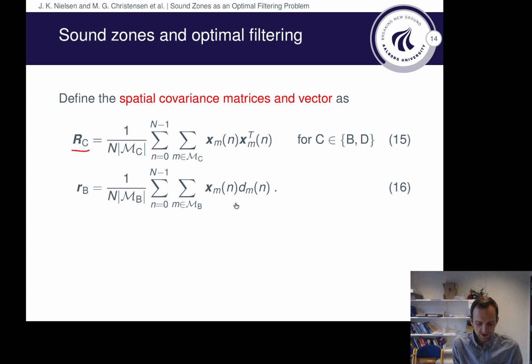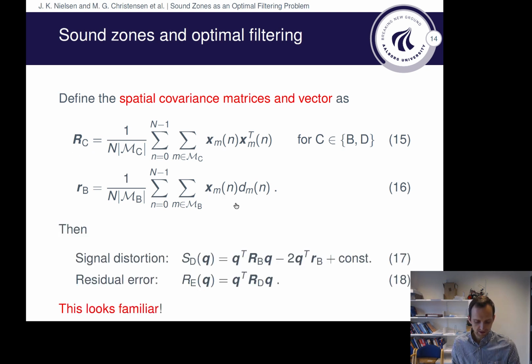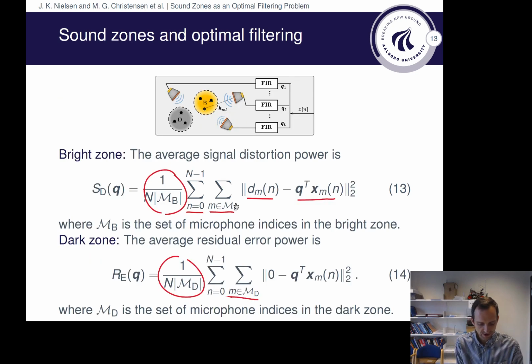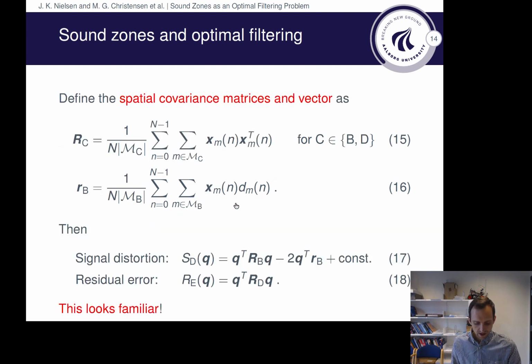And the same for the spatial correlation vector: we compute the cross correlation between our uncontrolled input and our desired signal. If we plug that back into our signal distortion and residual error, these were defined here. This is what we call the signal distortion, here the residual error.